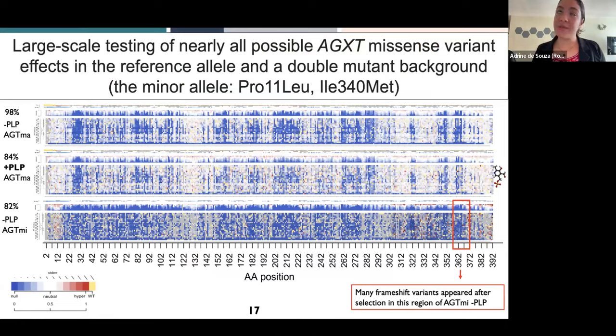escaping NMD. Actually what we hypothesize is that since there are a lot of frame shifts in this region, maybe having a frame shift that elongates the protein so far off might have a worse effect than some other deleterious mutation that would just stop the function at that region. So it's a hypothesis that we have, but we also know that this site, this red box, is where the substrate binds.